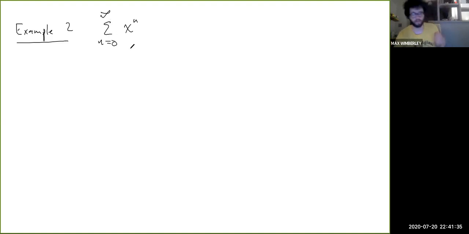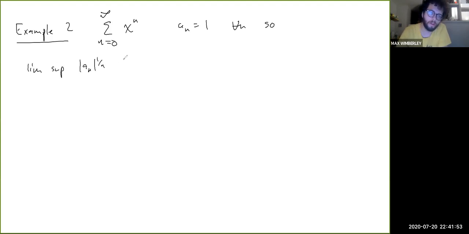So example 2 here is going to be just the series sum of x to the n, which we already pretty much looked at, but just to dot all our i's and cross our t's. In this case, a_n is 1 for all n. So the lim sup of a_n to the 1 over n is just 1. So R equals 1, right?